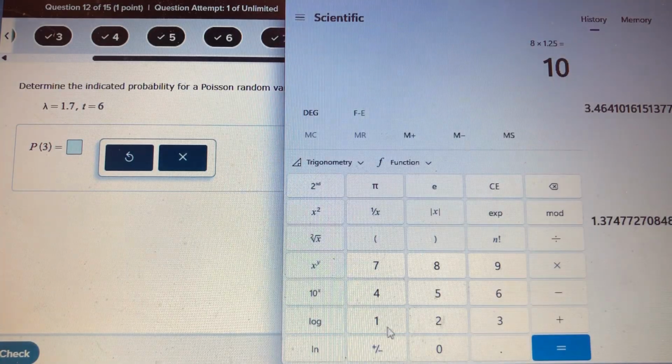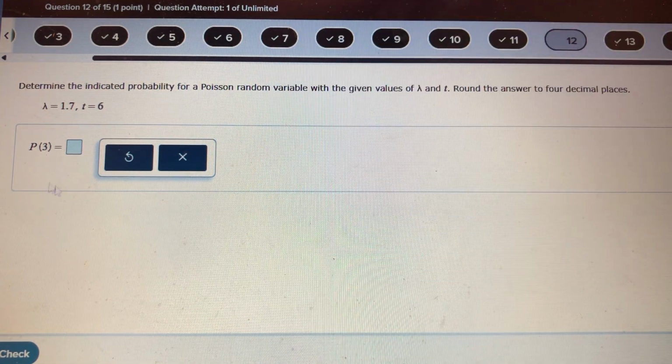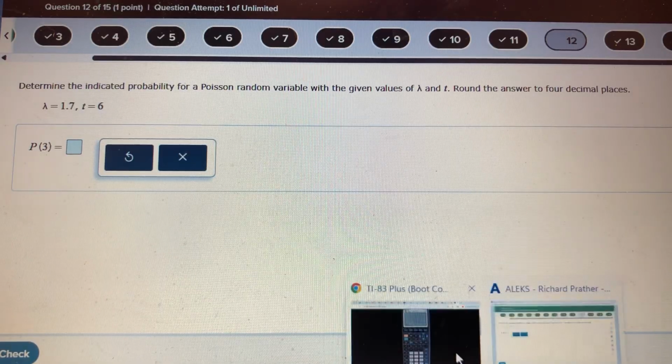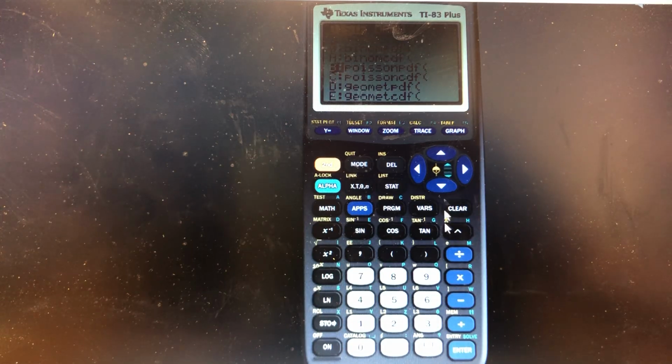So take the 1.7. Say it used to be 1.7 per hour. Now I want to do per 6 hours. So multiply by 6, and you'll get a new lambda of 10.2. But the 3 is easy because that means exactly 3. So that's a Poisson PDF. Poisson PDF, second vars, up arrow, Poisson PDF.